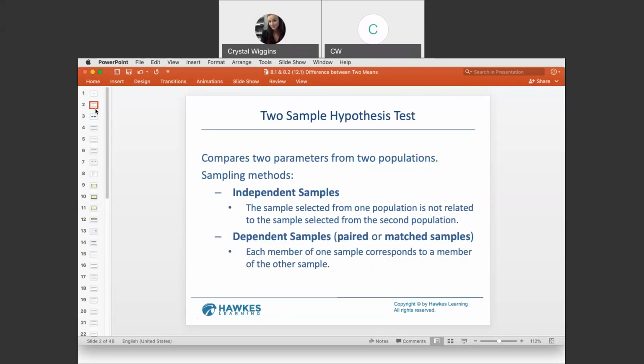For example, if I was trying to compare running shoes of two different brands, it would make more sense to create a dependent sample and put one shoe brand on one foot of a subject and the other shoe brand on their other foot, and therefore being able to directly compare the two shoes on the one runner. So there are definitely situations where dependent samples are the most effective way to go about the study, and in other cases the samples are not related in such a way.